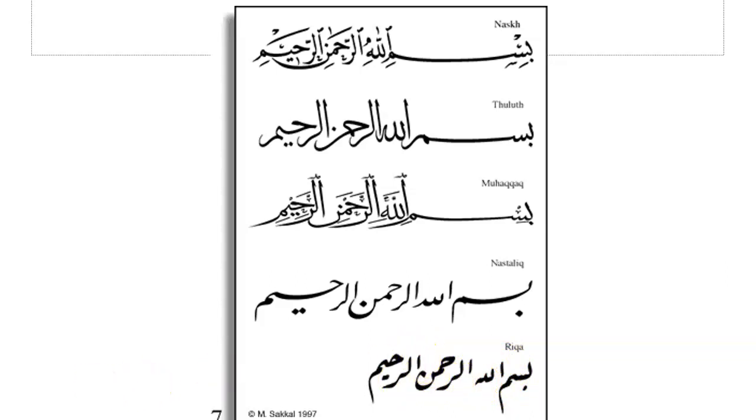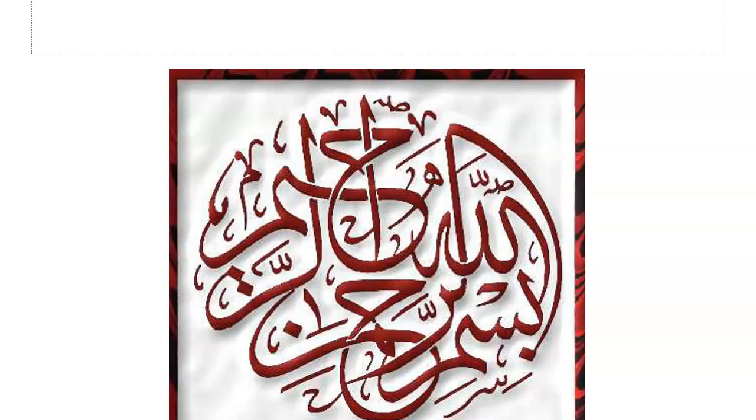Okay, so you're hopefully ready for the test. So, what is this script next? All right. What is this script? Name these two scripts. There's one on top, different, and the one on the bottom, different.